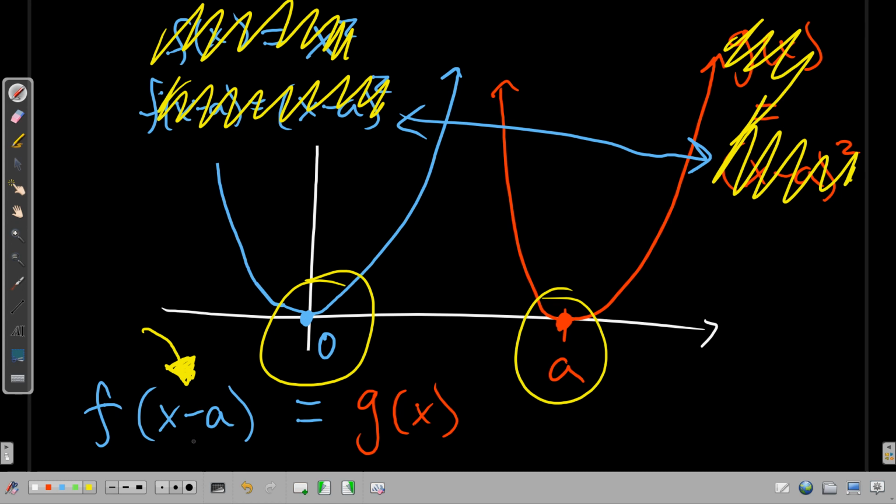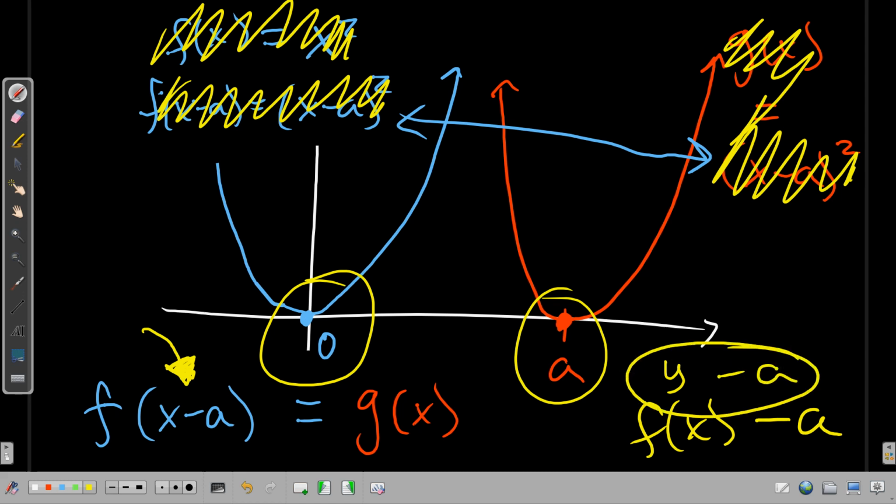It's just the x value that's being modified. I'm subtracting a. That would be very different from f of x and then I subtract a. F of x is a y value, and so this would be taking the y value and modifying it. That would shift the graph up and down, not left and right.